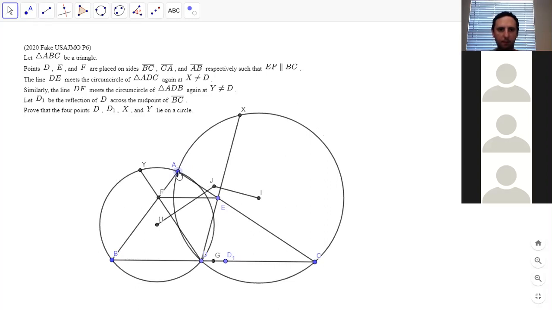I think that looks good. So J is the circumcenter of DXY. Add the perpendicular to YX. I could do that.